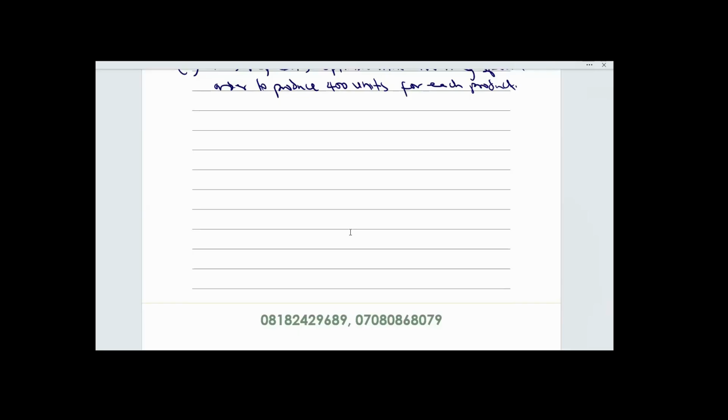If not, then step 3, you calculate contribution or savings per unit. Then step 4, you determine contribution or saving per key factor. Then step 5, you prepare the allocation table after your ranking. Then step 6, you determine the optimal production plan. Step 7, you determine the profit derivable.